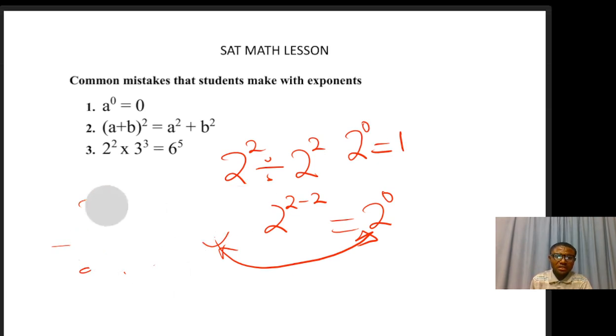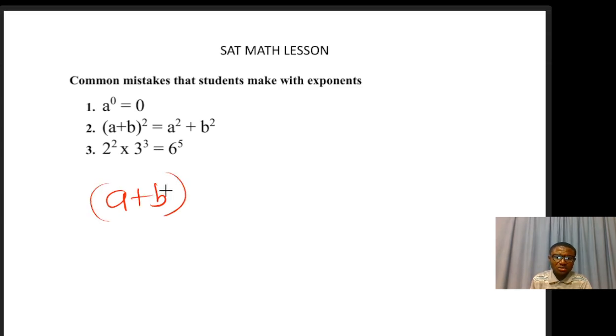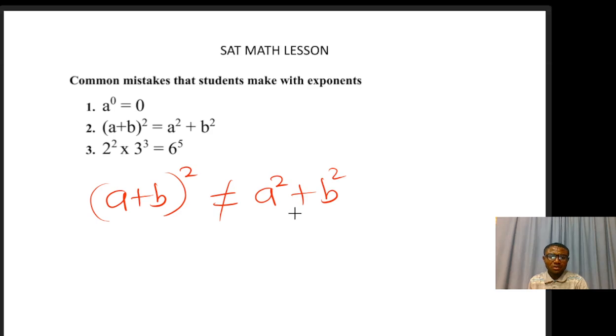Then for the second one, at times when students are solving questions of this form, they are quick to separate it by writing it in this form: a squared plus b squared. No, these two can never be equal.